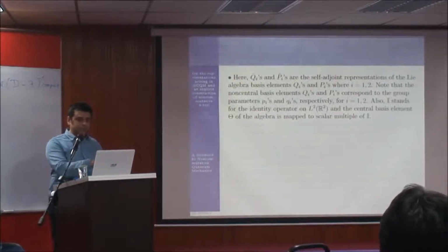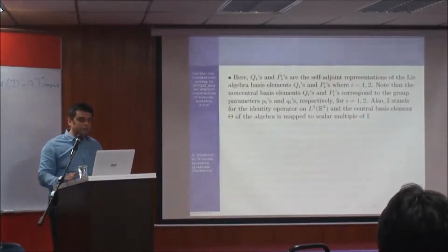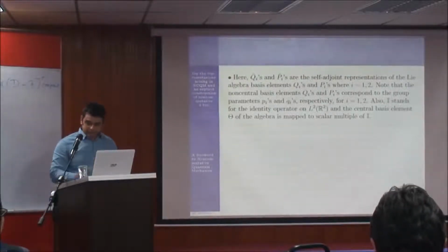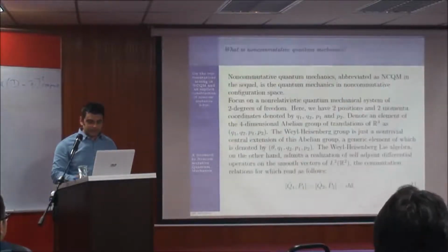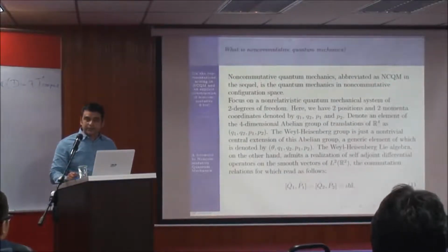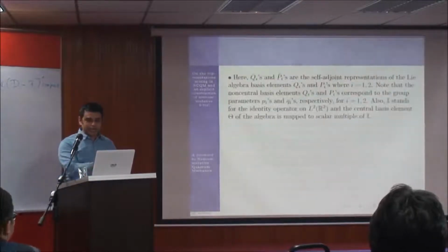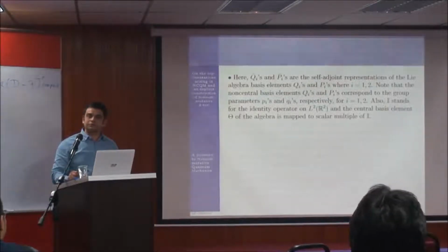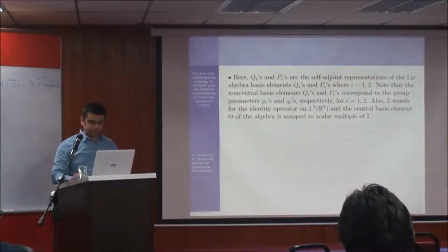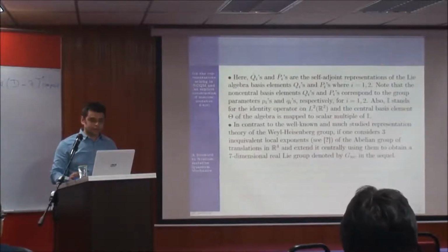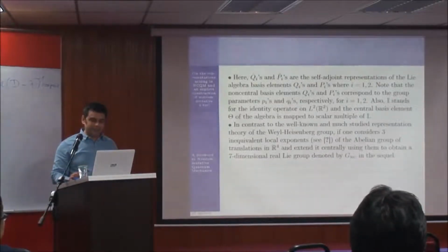Okay, and the representation space is L2 of R2, and the central element here, you see that it's 5-dimensional, theta, Q1, Q2, P1, and P2. The central element is theta, which is mapped to the identity operator on L2 of R2. Okay, so this is a very widely studied group in the literature.